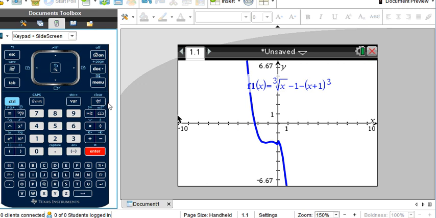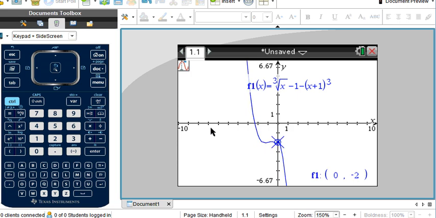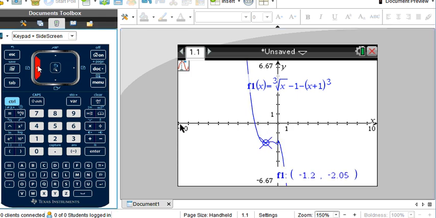And I'm going to use trace for that. Menu, trace, graph trace, and I'm going to go to the left, and it's going to highlight where it is. So 0 is going to be negative 2.32, and we can get more decimal places on that if we get the open hand over it, and hit the plus sign.